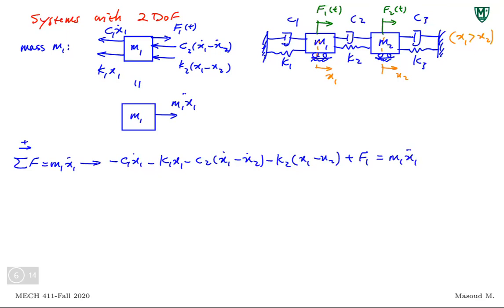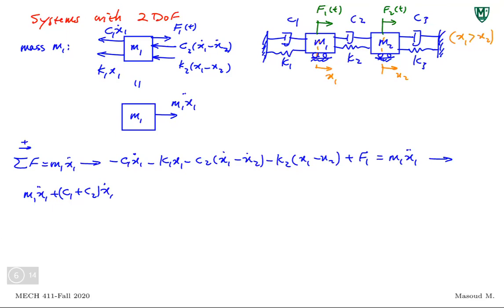Just expand this. The rest is just playing around with this equation. We'll get M1 X1 double dot. I'll move everything to the other side, plus C1. If we take X1 dot out, that would be C1 plus C2 times X1 dot. I'm factoring X1 dot together and moving it to the right side.